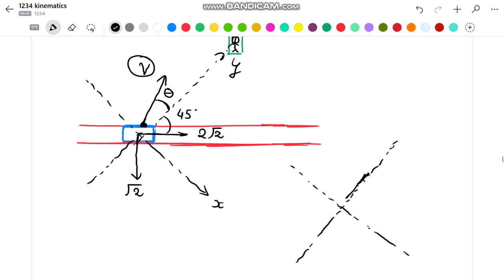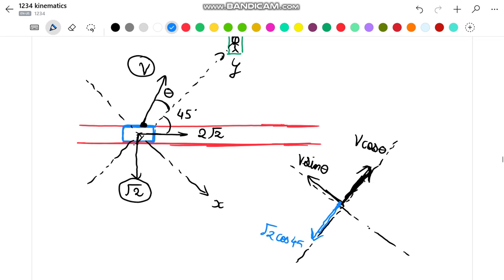V on resolving along this direction can be written as v cos theta, and its second component will be equal to v sin theta. Similarly, we can resolve this velocity of 2 meter per second, which will give us the value of 2 cos 45 degree and 2 sin 45 degree.